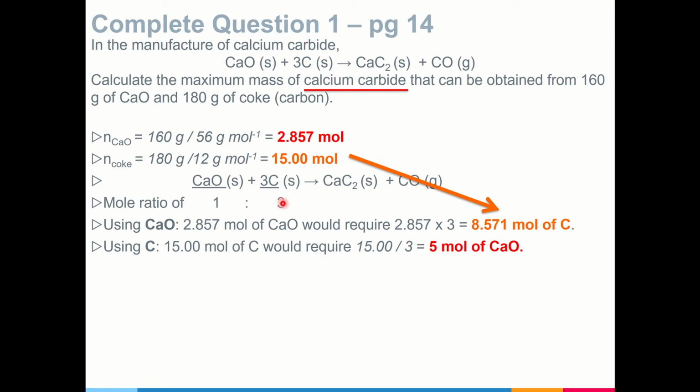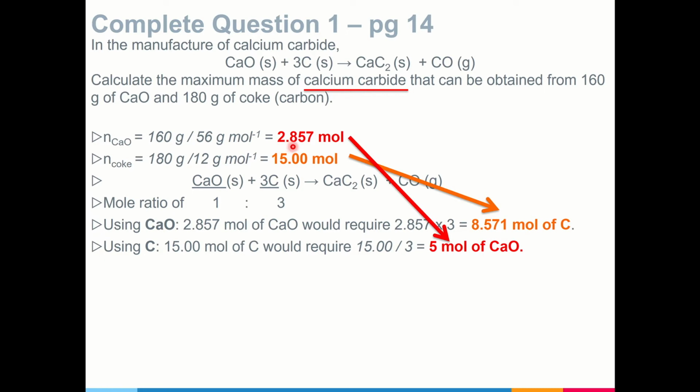So I try again using carbon. If I have 15 moles here, for every 3 moles of carbon, I only need 1 mole. So for 15 moles of carbon, I will need 5 moles of calcium oxide, and you are only given 2.857.